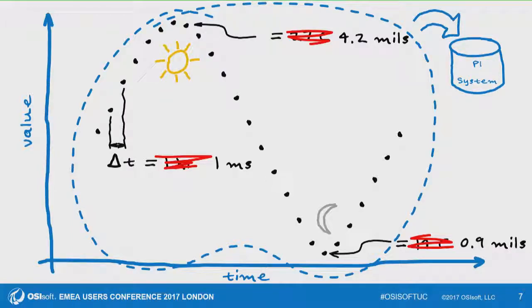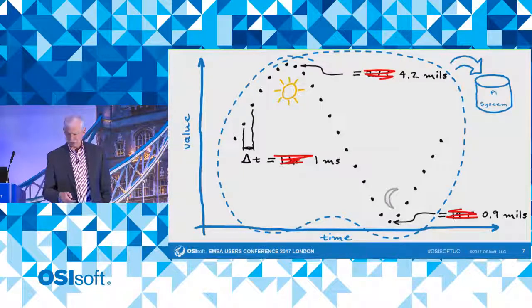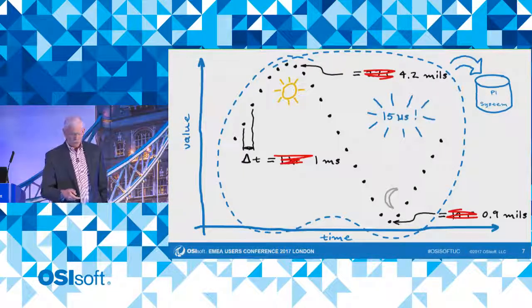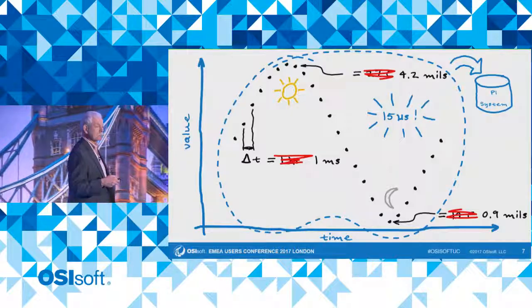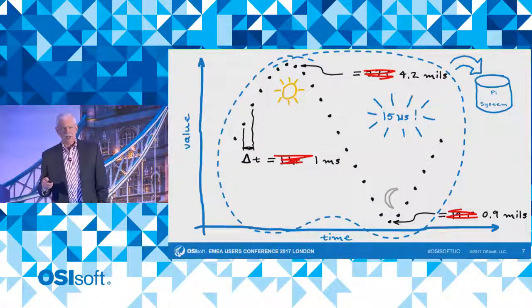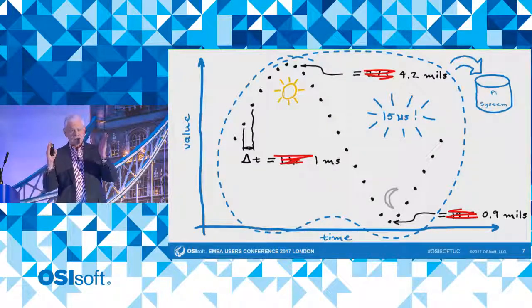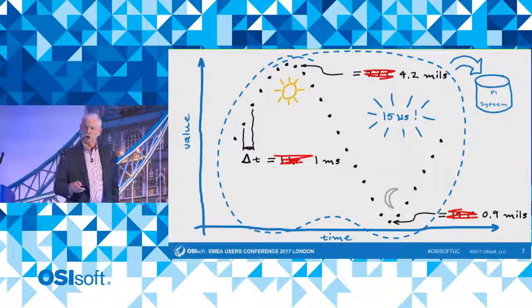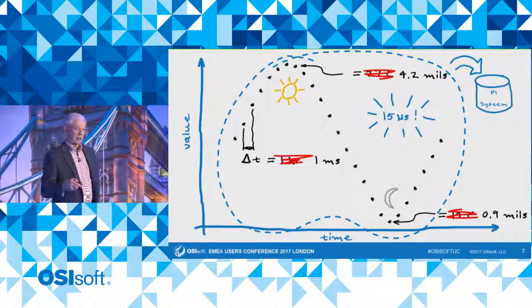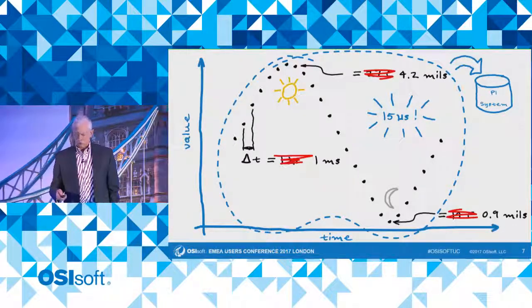I can put that into a PI server, because that's what a PI server is good at: time series data. PI can resolve time down to 15 microseconds. And it turns out that is really the key for doing vibration data. If we can line things up properly in time, if we can resolve time accurately, then it allows us to do all the things we need to in the vibration world.